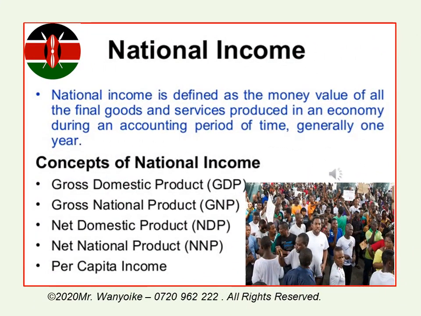So we can say national income can also be defined as the money value of all the final goods and services produced in an economy during an accounting period of time, generally 1 year. And these goods and services will be in monetary terms.